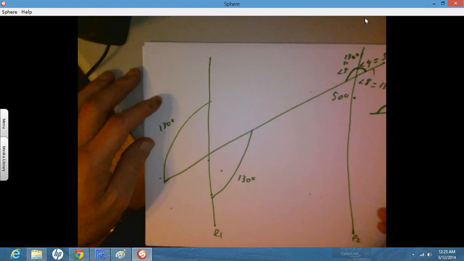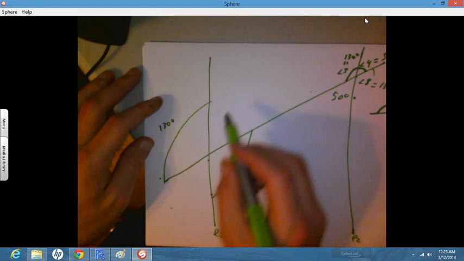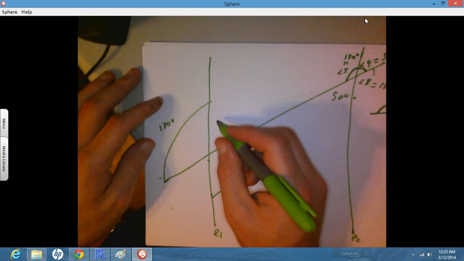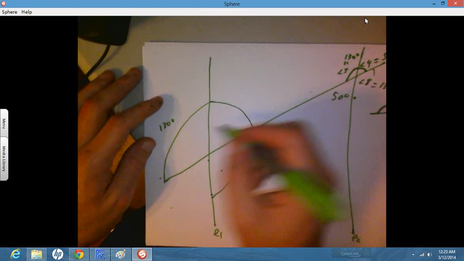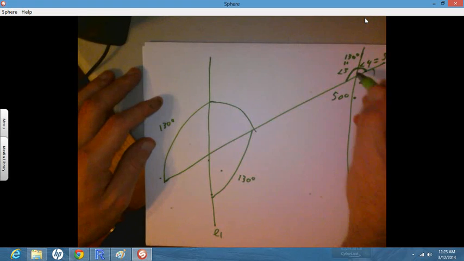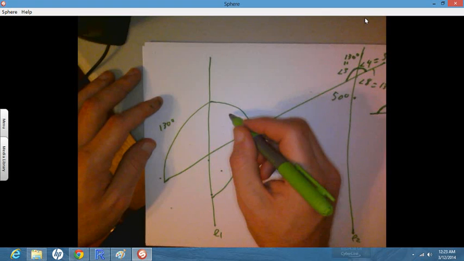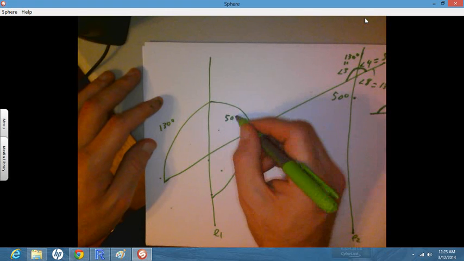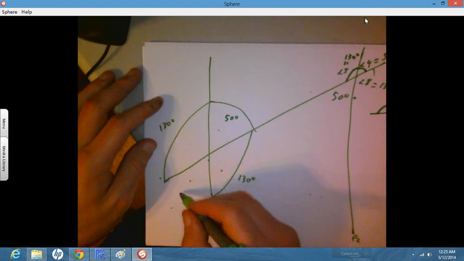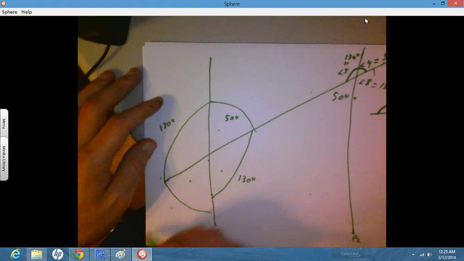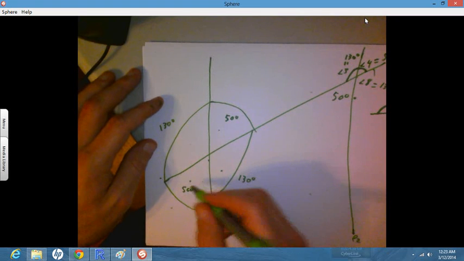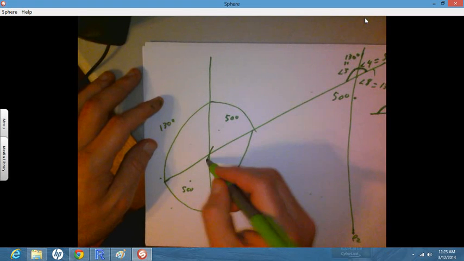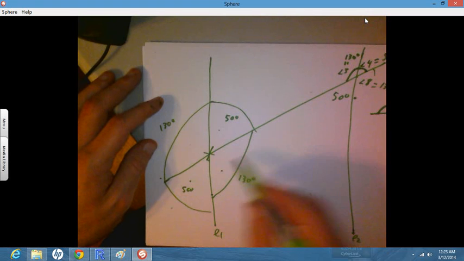And of course, this angle over here is going to be 50 degrees, and this angle over here is going to be 50 degrees. These two are vertical angles, these are vertical angles. This is a copy of this angle, and this is a copy of this angle.